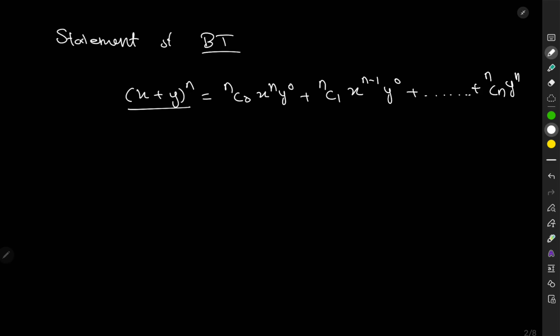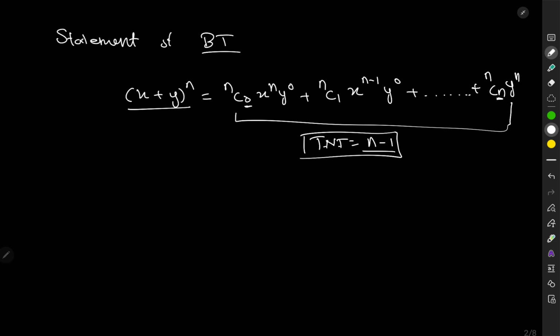This is the general statement of binomial theorem. Okay, so in this you can clearly see it starts from 0 and goes to n, right? So since it starts from 0, total number of terms is what? n plus 1. Fine.